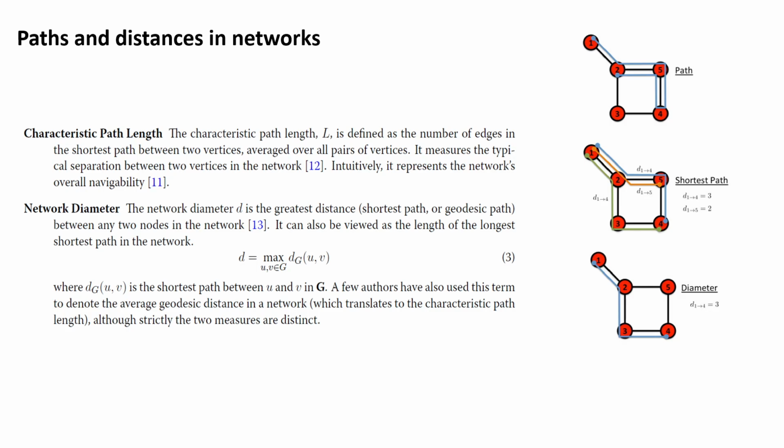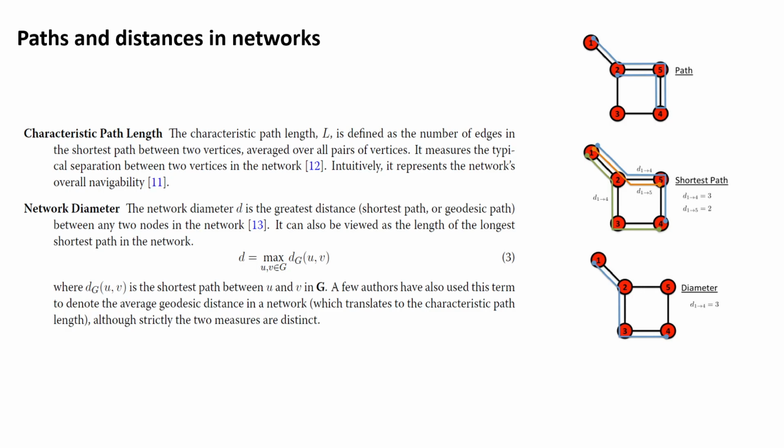Okay, so moving on. Next comes the paths and distances in these networks. I have taken the snapshot from a handout that Sir has given out in the NPTEL course, so I urge all of you to go and read that. That is a very good source for understanding different graph theory concepts if you are not familiar with them.